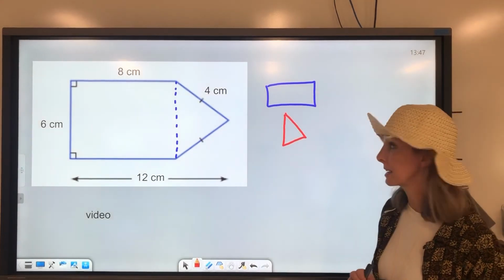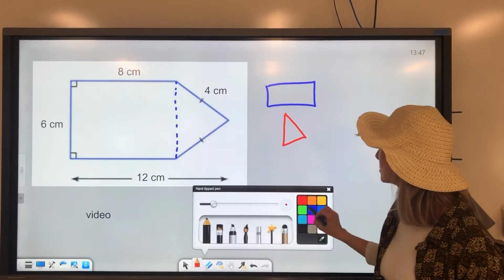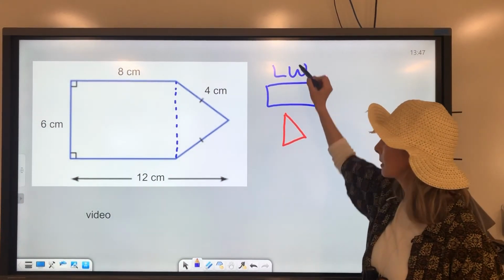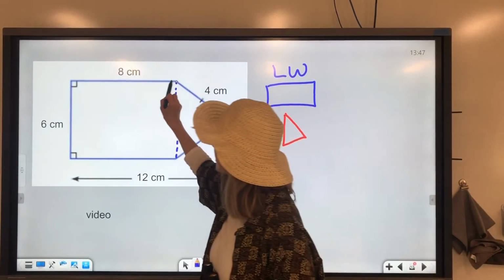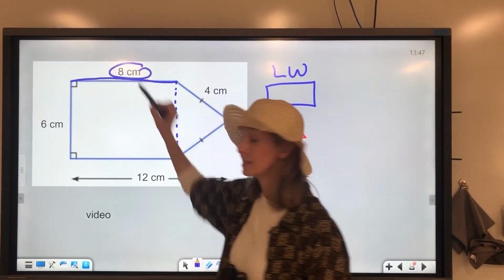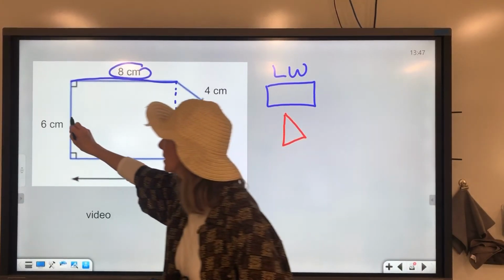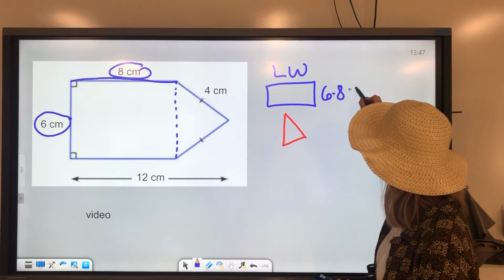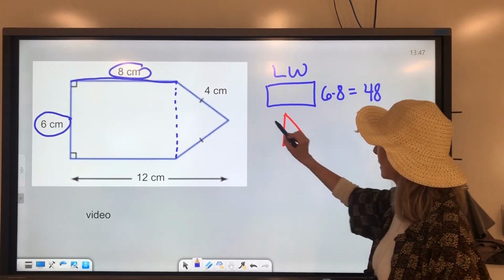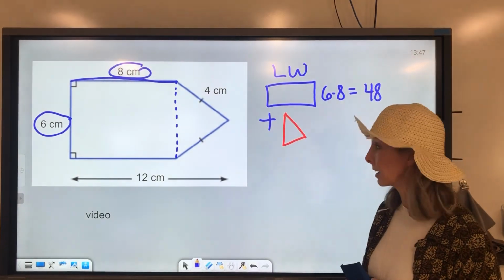Okay, let's start with our rectangle. I know that I am using length times width. Let's see, this one's actually pretty easy for me, right? We've got the length right here is 8. How about our width? Right here at 6. So 6 times 8, 48, plus whatever our triangle is.